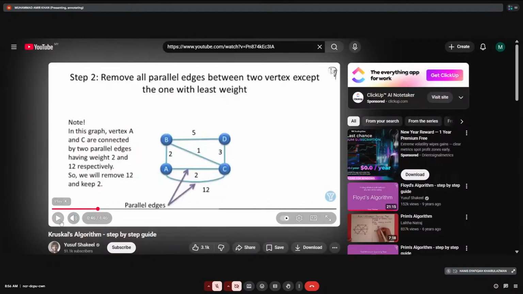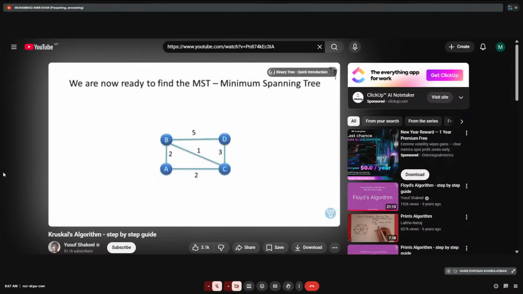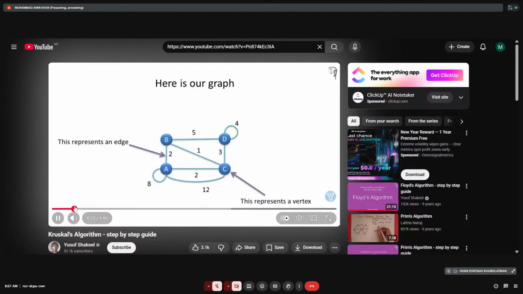Now understand. Step number 1, remove loops. Step number 2, remove parallel edges. We keep 2 only. So now we are ready to find the MST, minimum spanning tree.